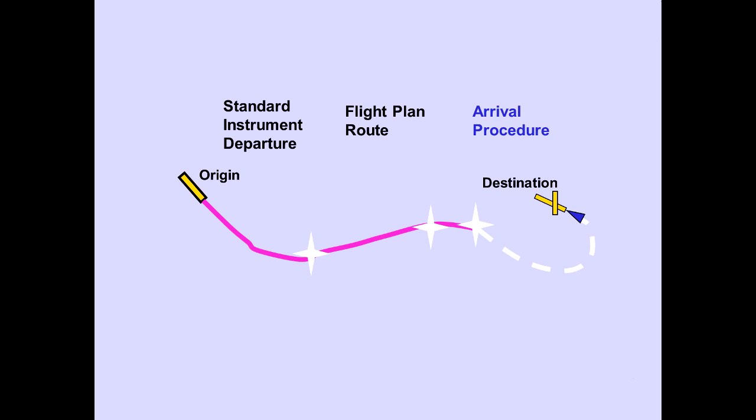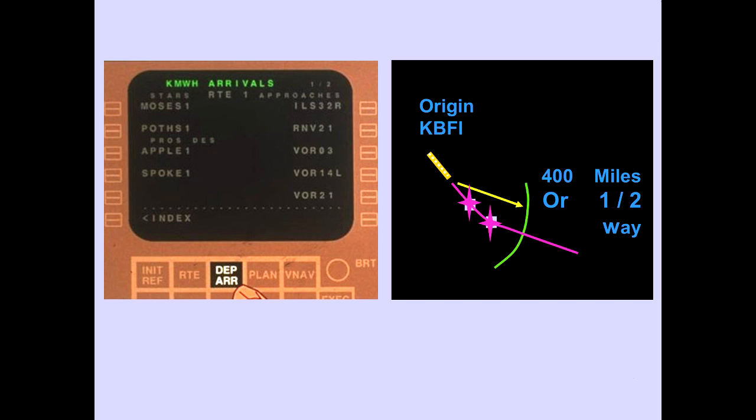Now let's look at adding your arrival procedure at the end of the route. When airborne, pushing the departure arrival key displays an arrivals page. The destination arrival page is displayed if you are more than 400 miles from the origin airport or over halfway to your destination.